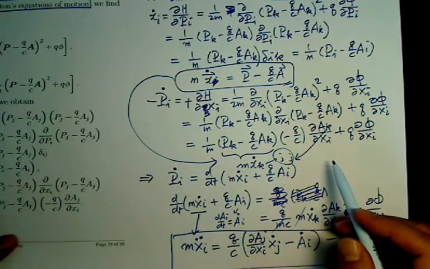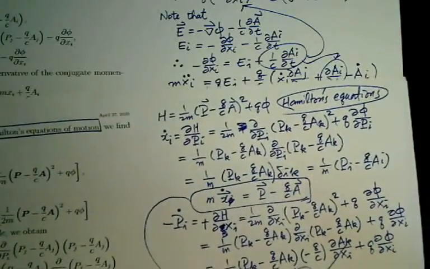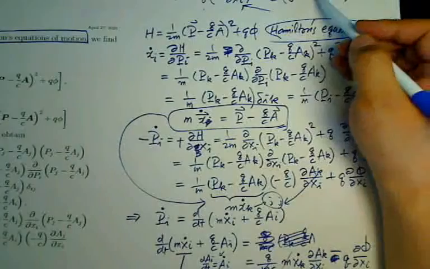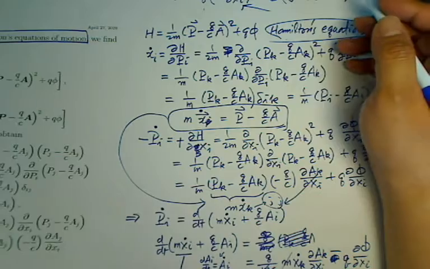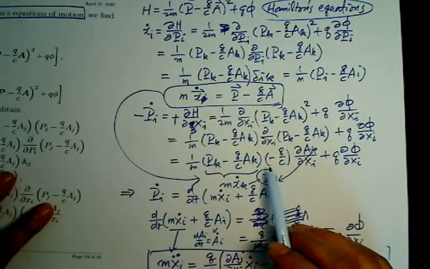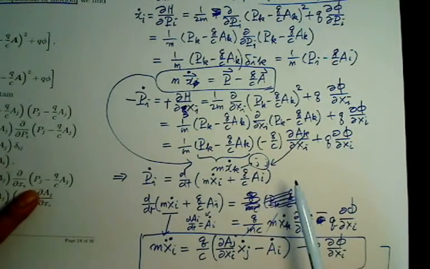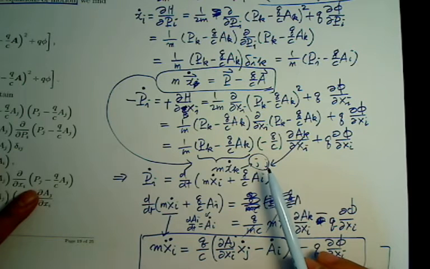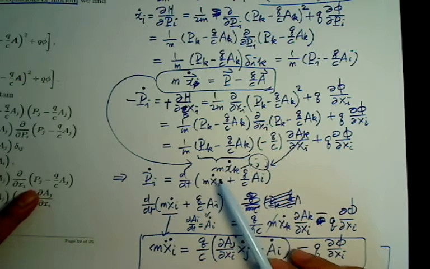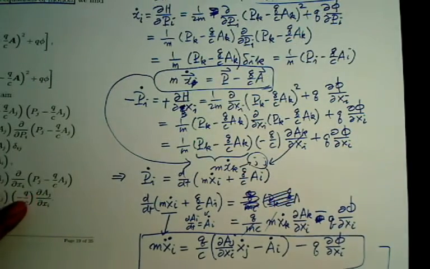What I mean is the total time derivative is a partial time derivative plus a derivative with respect to x, and then multiplied with, wait a second. So in here we have replaced the index k with j, right? So finally we have this relation.